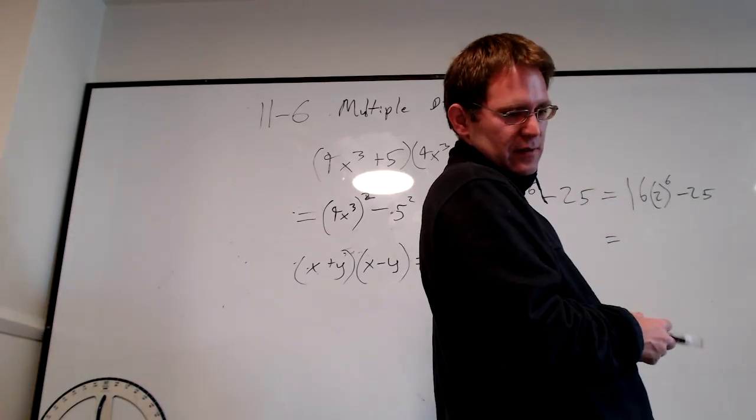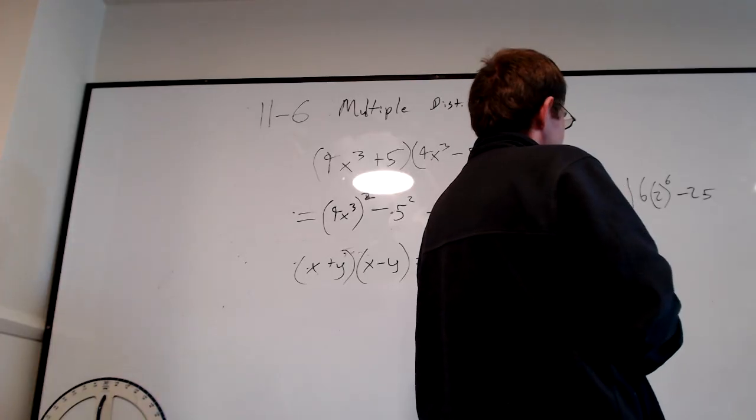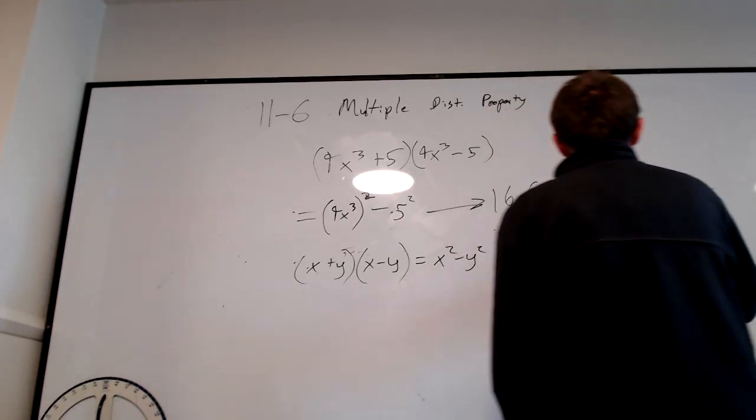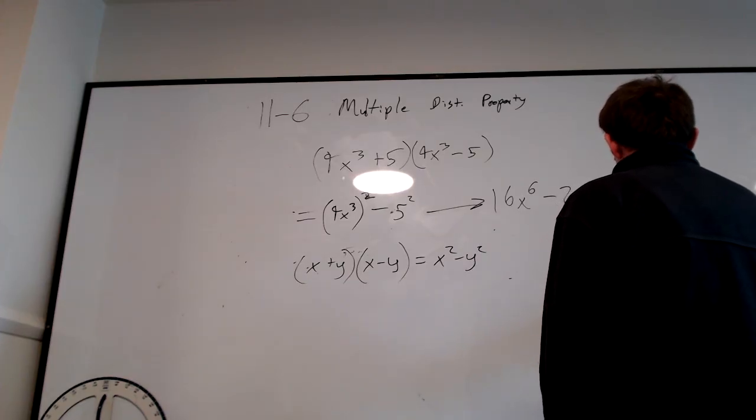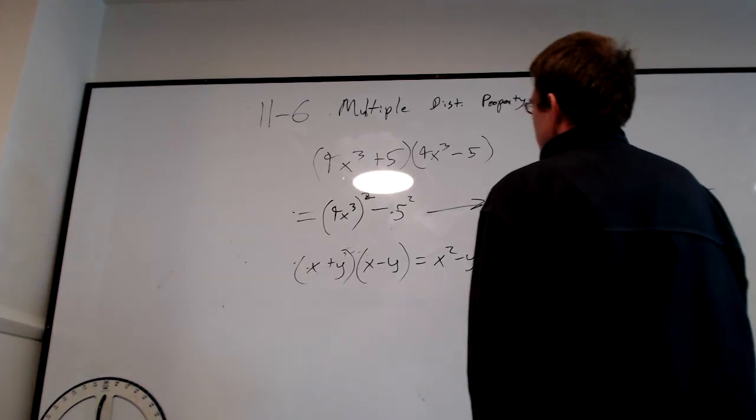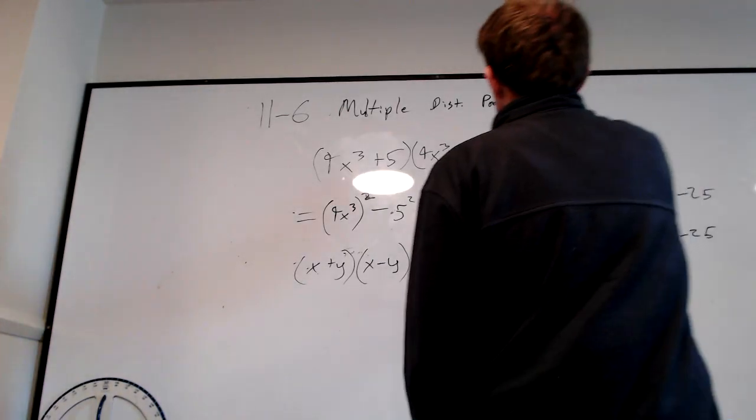So 16 times 64 is 1,024. Minus 25 equals 999.